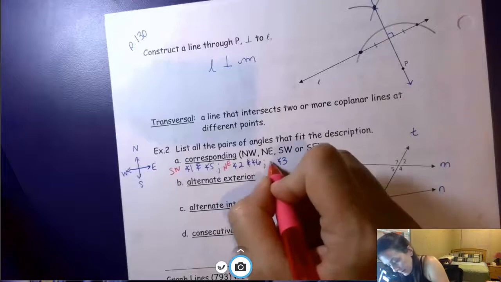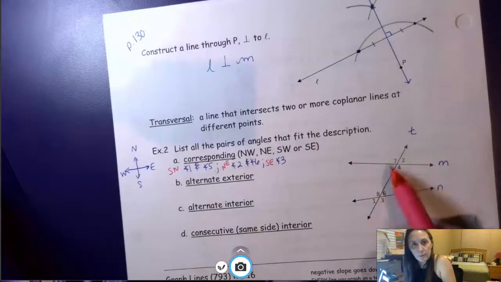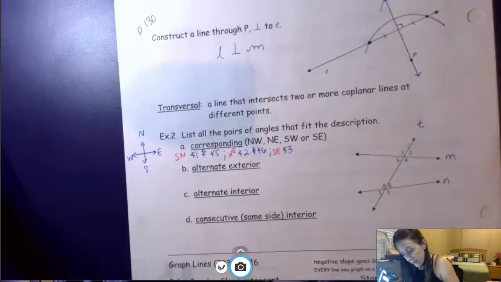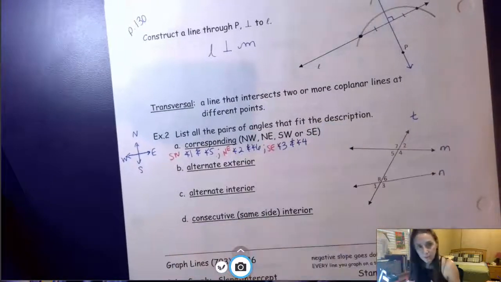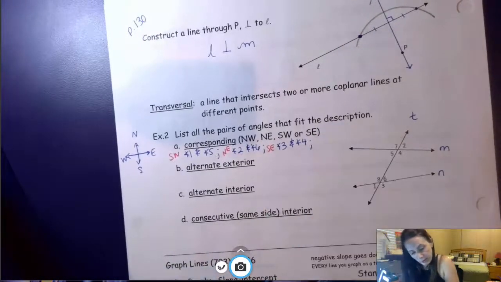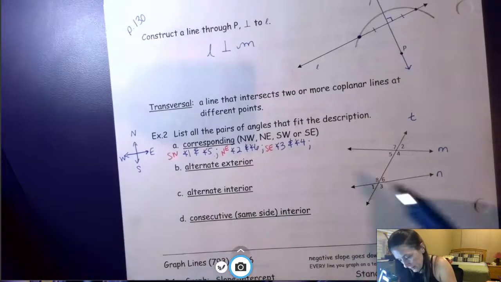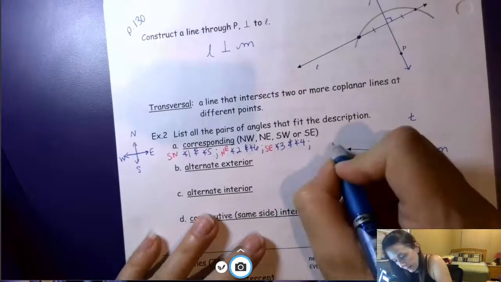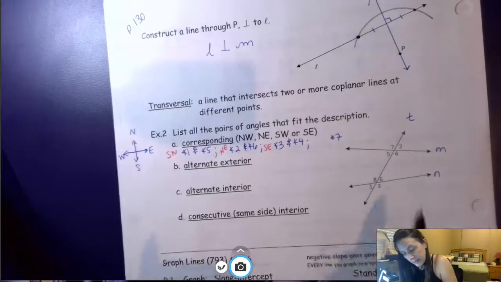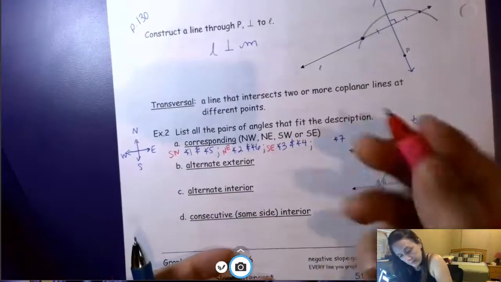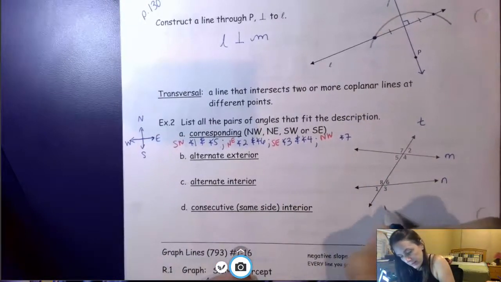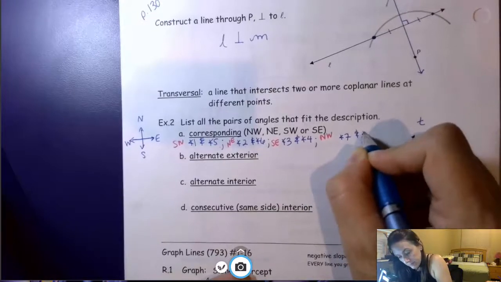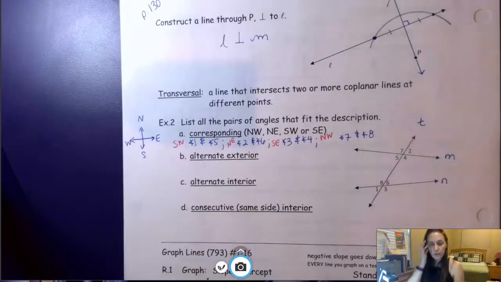So 3 is southeast. Which one up here is in the southeast? Angle 4. Angle 3 and angle 4 are in the same corresponding position for the sets. Now, the next one here, we've done 4, 5, 6. We're going to go to 7. Angle 7 is in the northwest, and angle 8. So those are my corresponding positions.